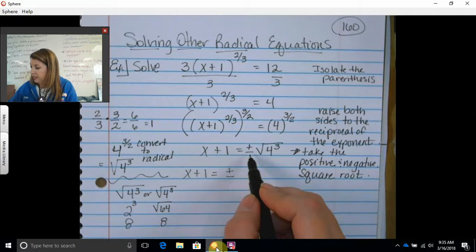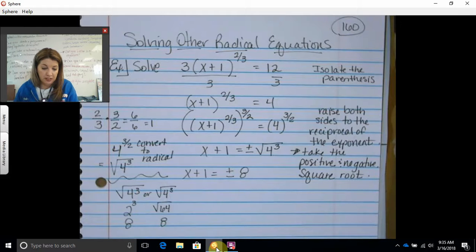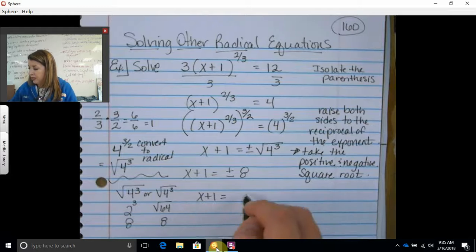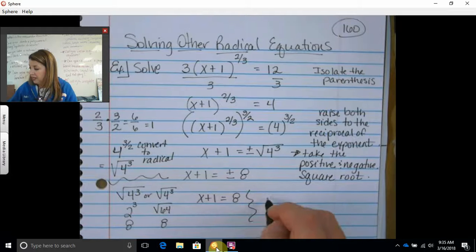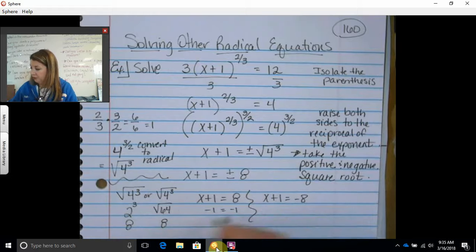So we have positive, negative 8. If you forget to do the positive, negative, you're not going to get two answers. And in that case, you're going to only get half credit, okay? So at this point, I would make two separate equations. I would set x plus 1 equal to positive 8, and I would set x plus 1 equal to negative 8. And then you can just solve them separately.